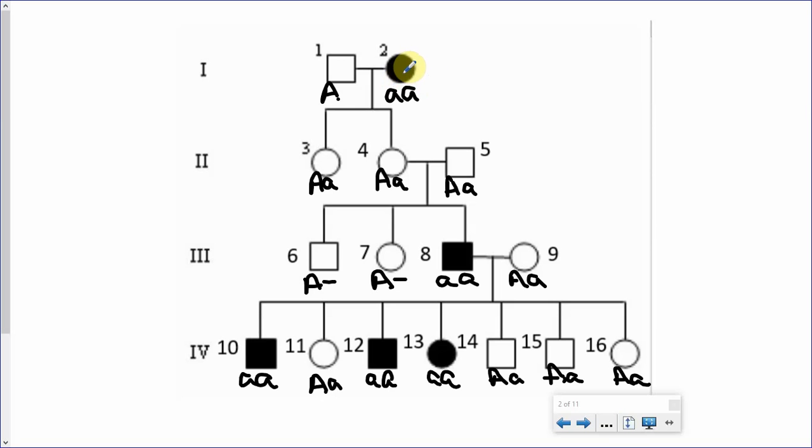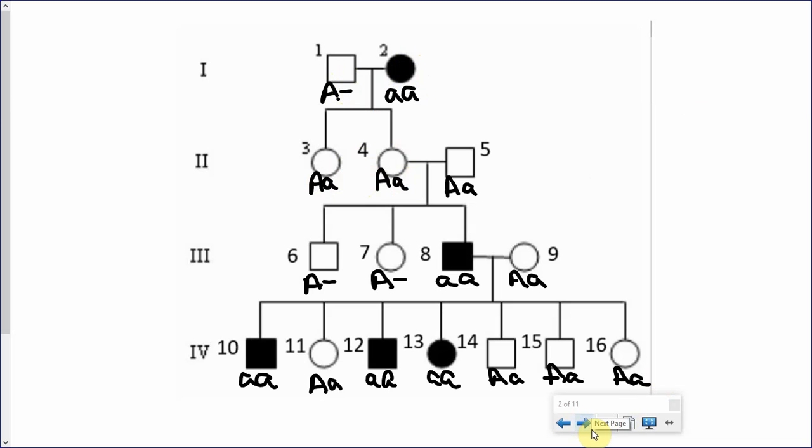We know that mom did because mom had the trait. That's how these ones ended up getting their little a. We do not know what great-grandpa is, though, so he would also be an undeterminable genotype up there and would just have the little dash. And that's how you would basically walk through one of these pedigrees.